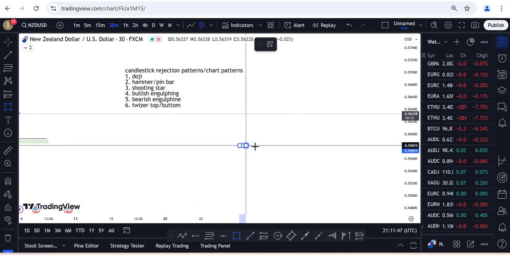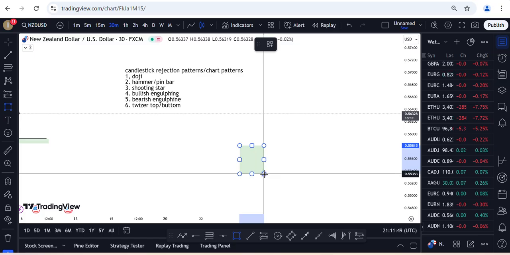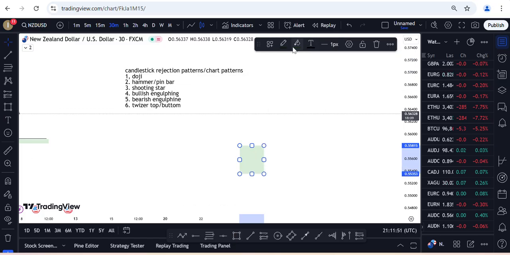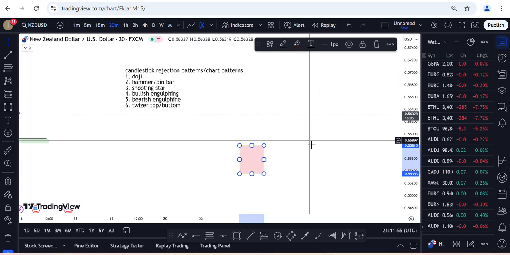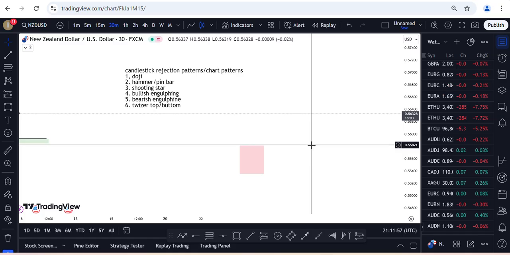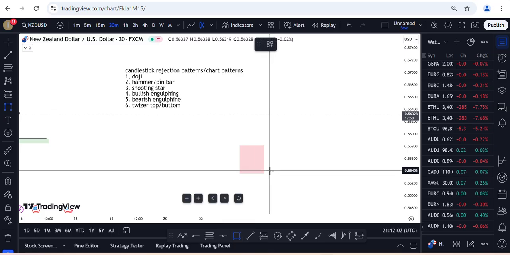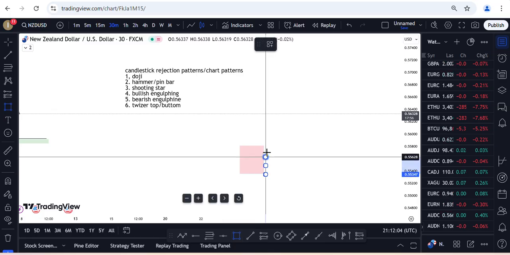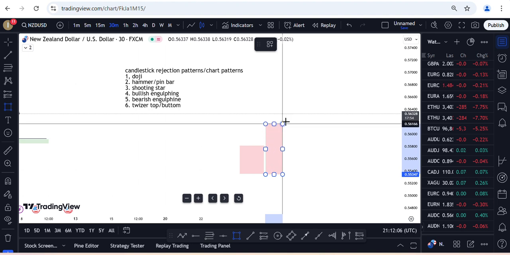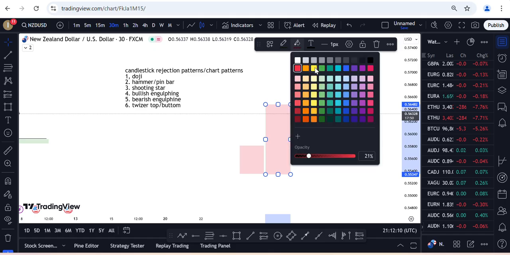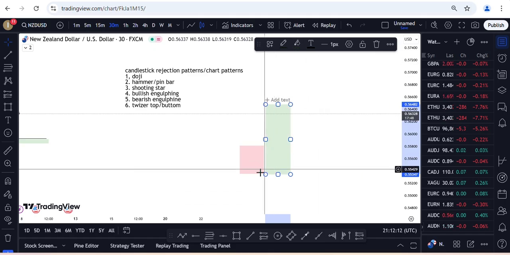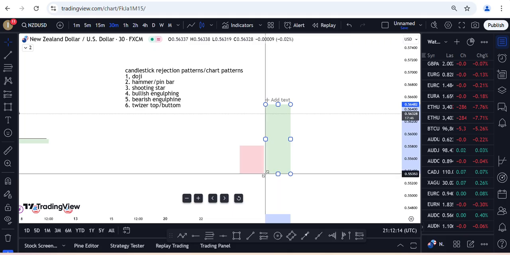As the name implies, you can see a bearish candle that forms, let me make it red. This is the bearish candle that formed, and then you will now see another bigger candle that comes to engulf this guy. Now, what's the meaning of engulf? Engulf means to cover.